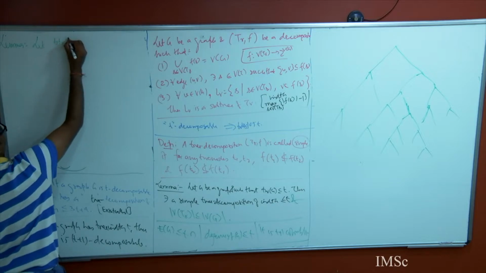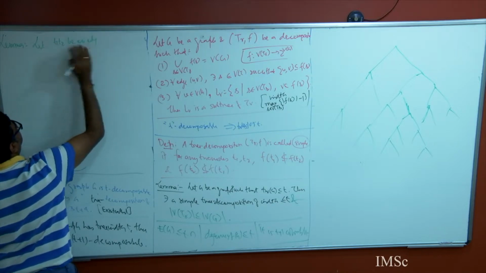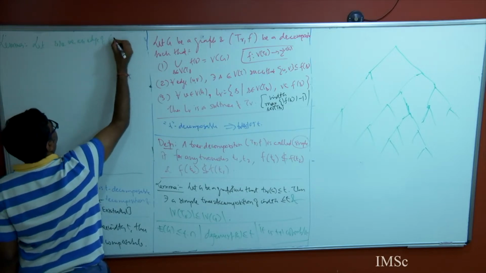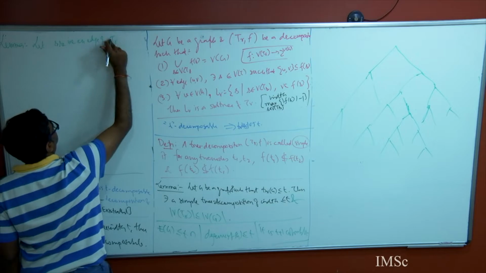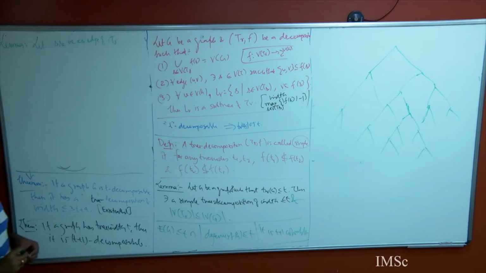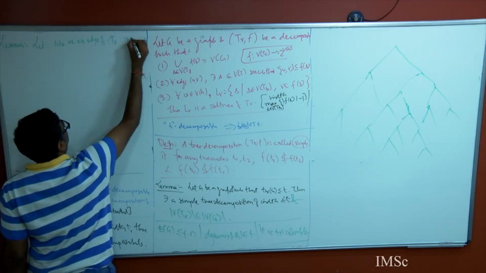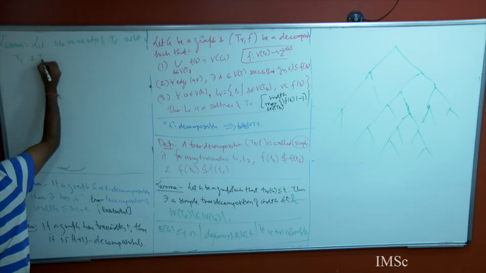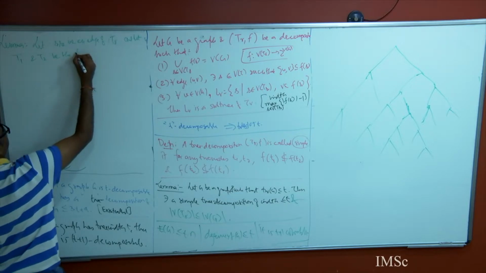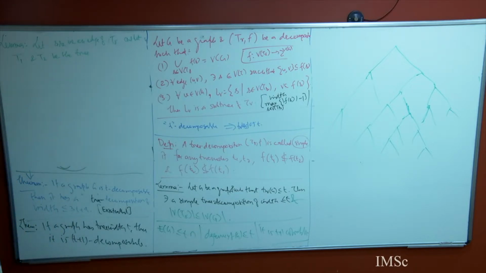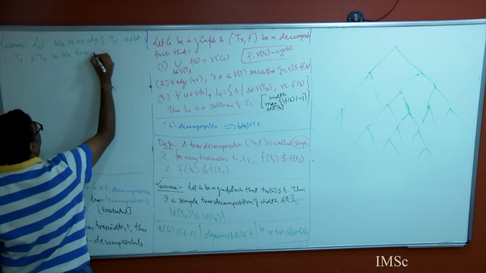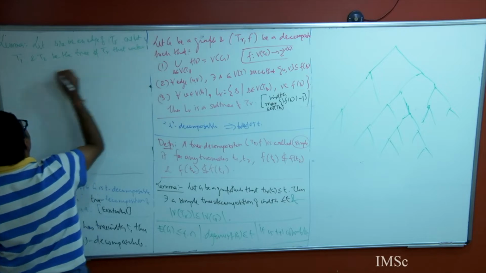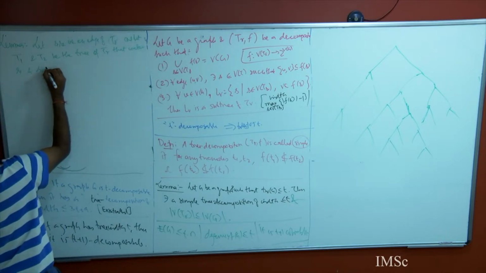Let S1, S2 be an edge of some tree T_R, okay, and let T1 and T2 be the trees of T_R that contain S1 and S2 respectively.